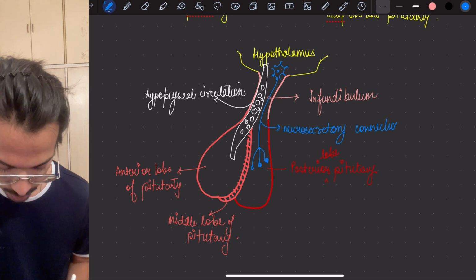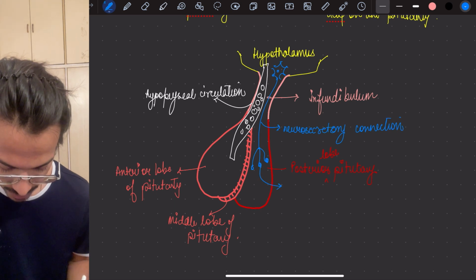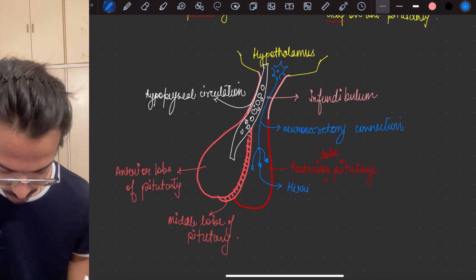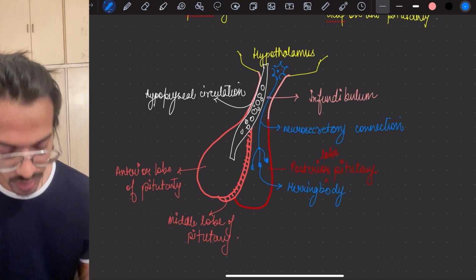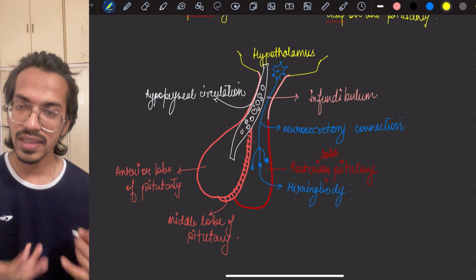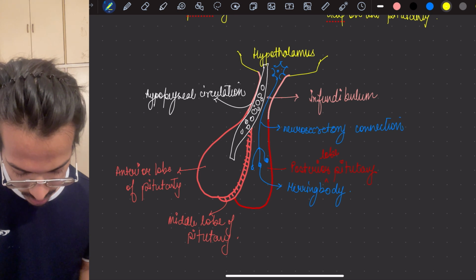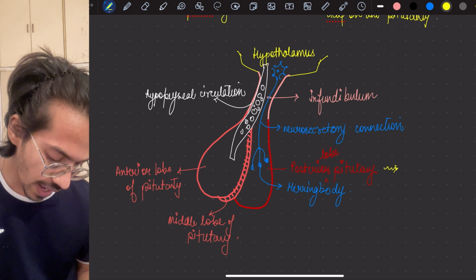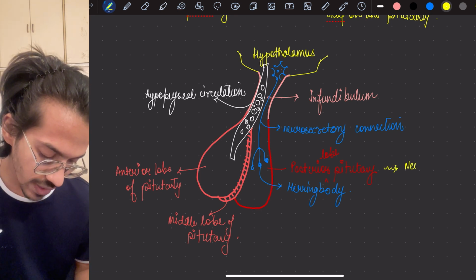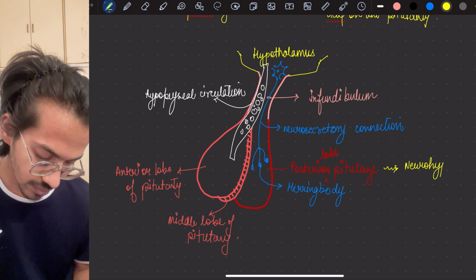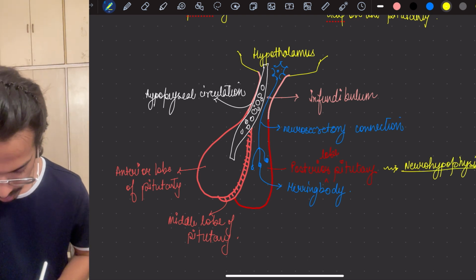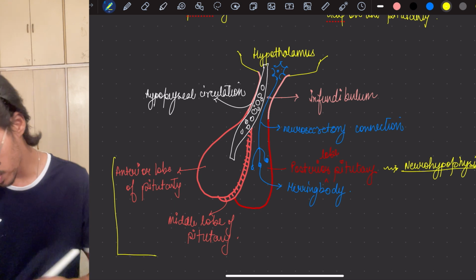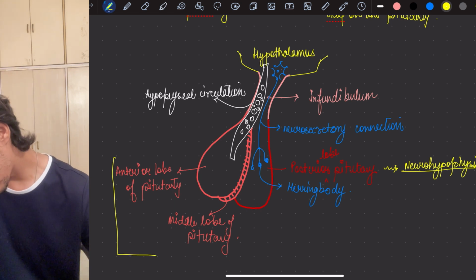And the swollen part is called the Herring body. On that basis only, there is another name given to it. The posterior pituitary is called neurohypophysis, whereas anterior pituitary and the middle lobe are called adenohypophysis.